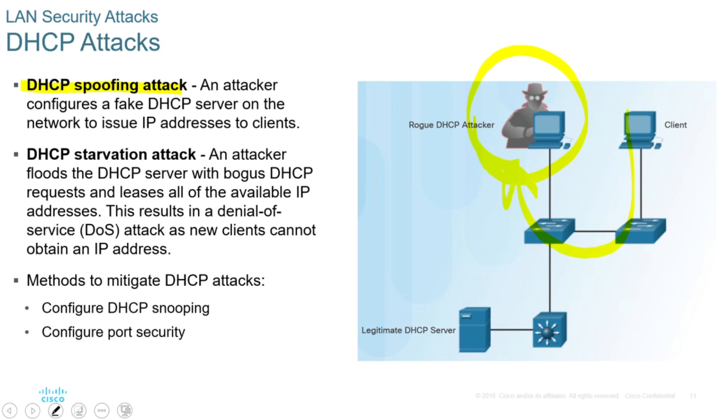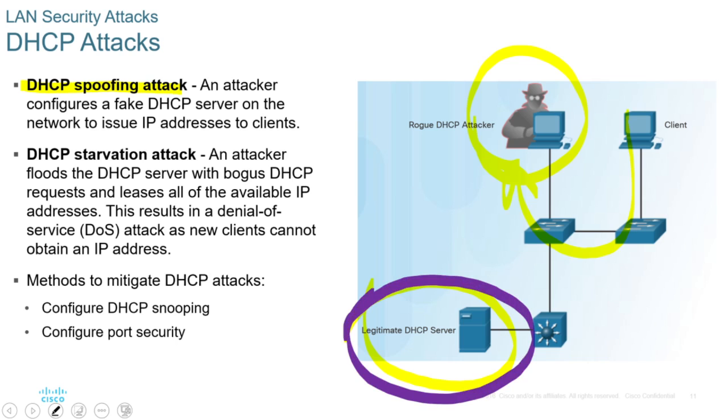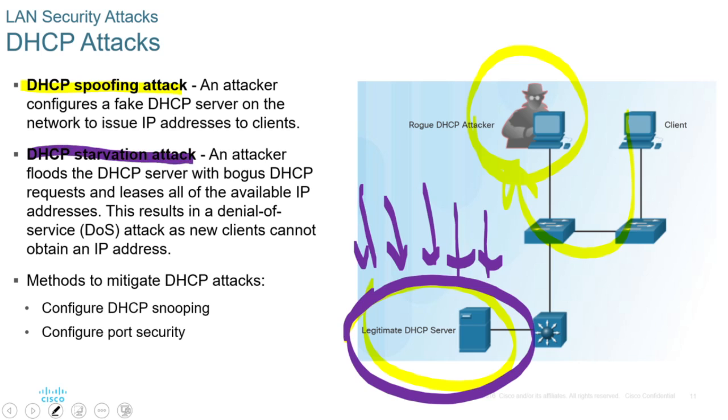So that is a fake DHCP server pretending to be the actual DHCP server. That is one issue. So the actual legitimate server may not be usable there. Another approach is, the legitimate server may still be there, but the attacker may be sending a lot of DHCP requests and creating a DOS situation, a denial of service situation, that is called a DHCP starvation attack.